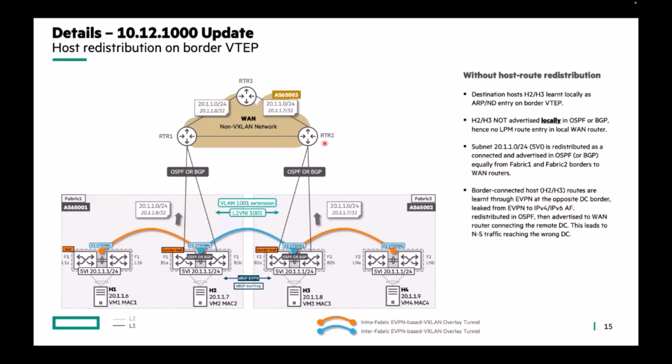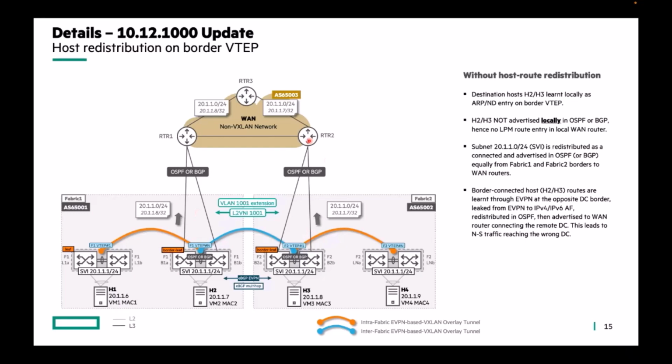So the border-connected host 2 and host 3 routes are learned through EVPN, this one, at the opposite DC border, leaked from EVPN to the IPv4, IPv6 address family, redistributed into OSPF, then advertised to the WAN router connecting the remote DC, right, which is here.